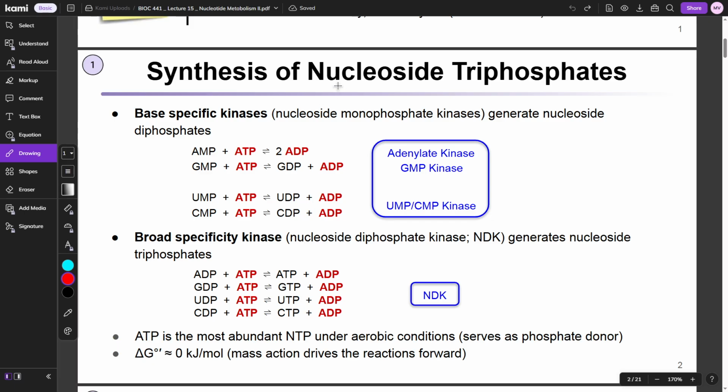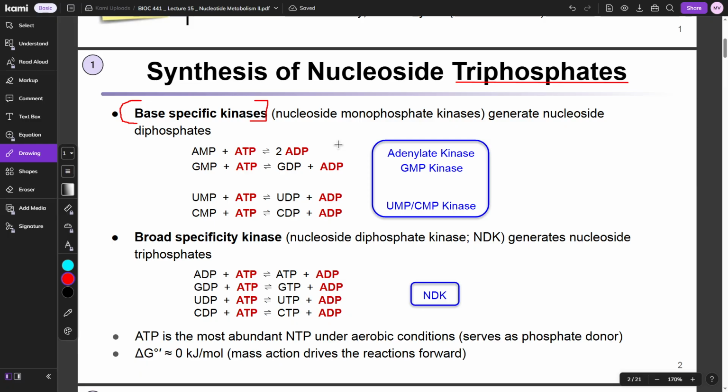So real quick, just want to talk about a couple of things. For the synthesis of nucleotide triphosphates, there's base-specific kinases going from the monophosphate to the diphosphate.